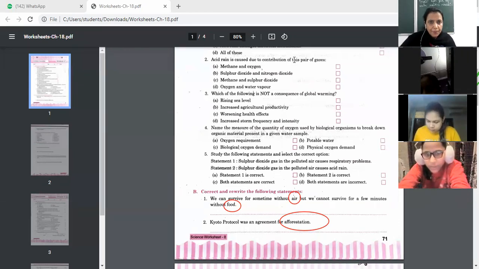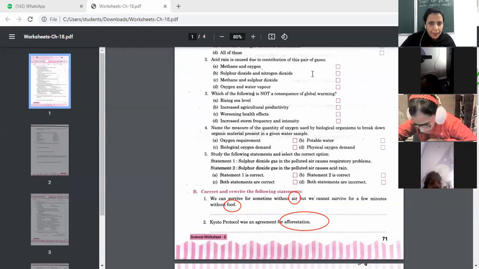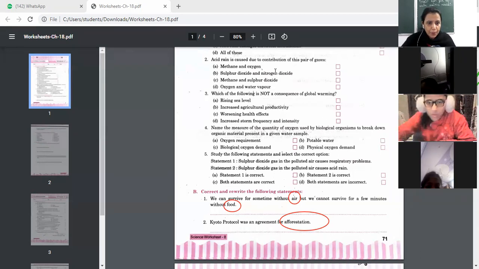Yes, tell me. I think this word is there in the book. For what is this protocol? Arav Sehgal, no answer from your side. Ansh Tomar, Ananya Prasad, Saksham Vasanwal, Yash, Surbhi, Simarjeet, Varun. Kindly give the answer. Kyoto Protocol, we know that it's not the agreement for the afforestation, but what is this agreement for?